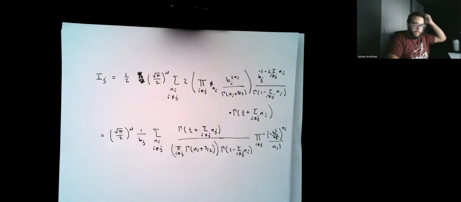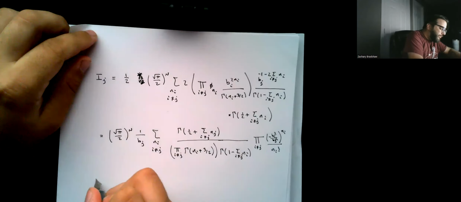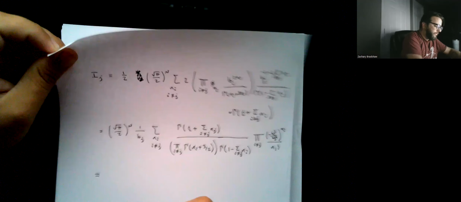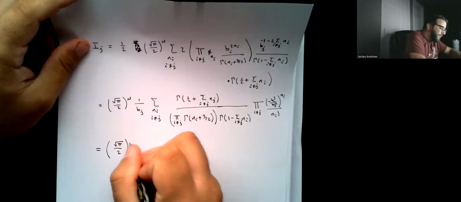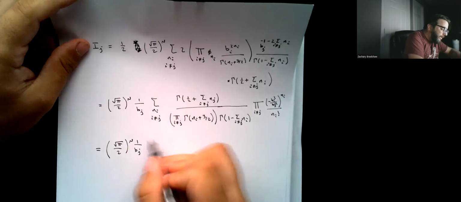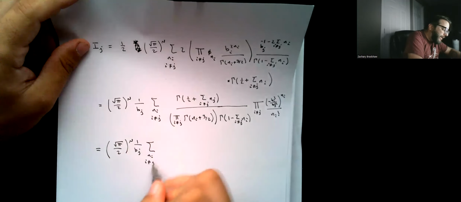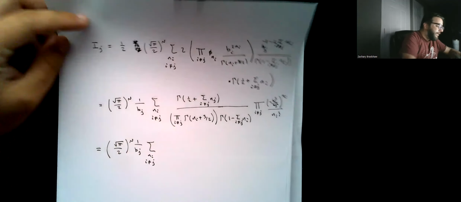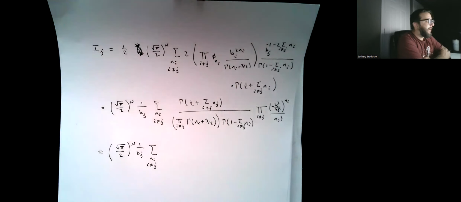Okay, so we can do slightly better here. We can get the square root of pi over 2 to the n power, 1 over bj, the sum over ni with i not equal to j. And we can write this using the Pochhammer symbols.